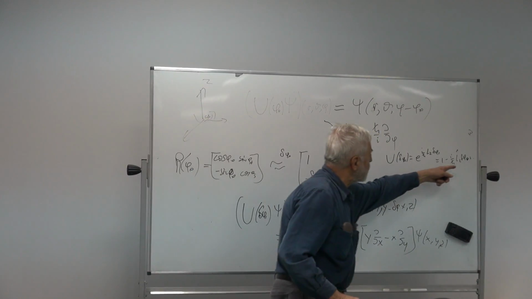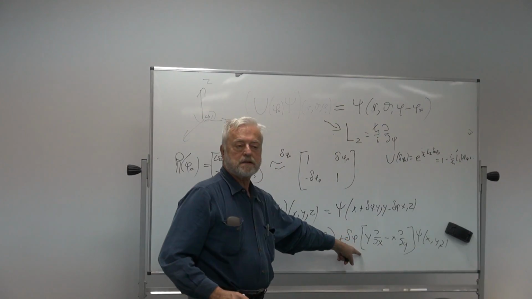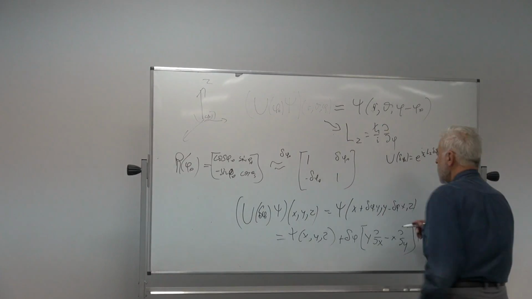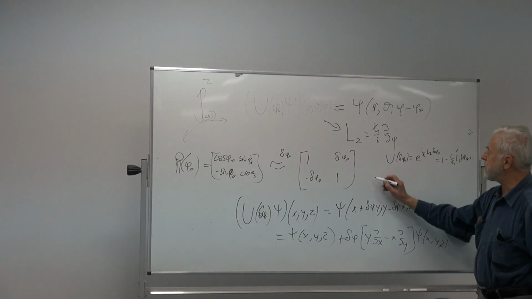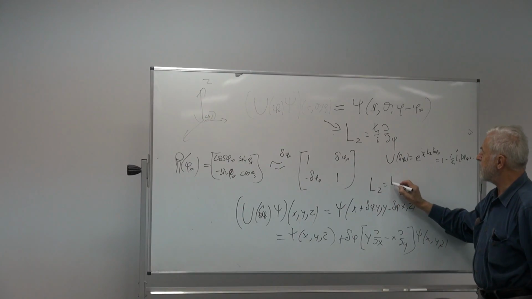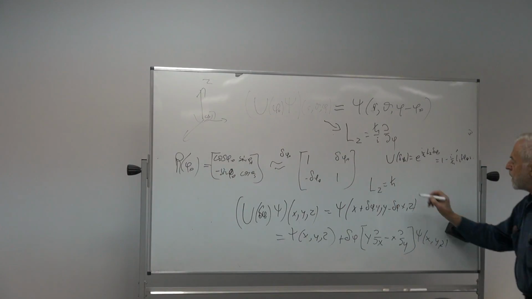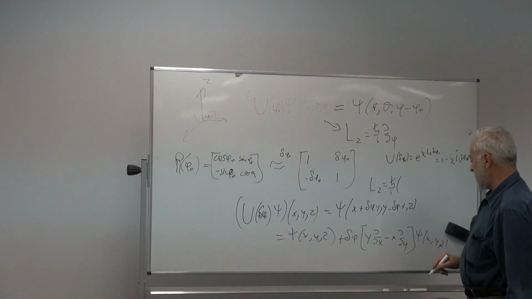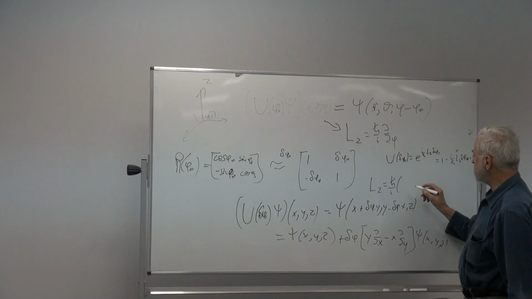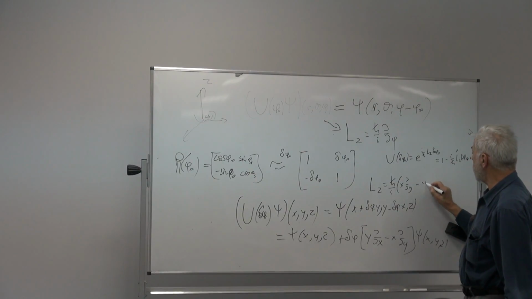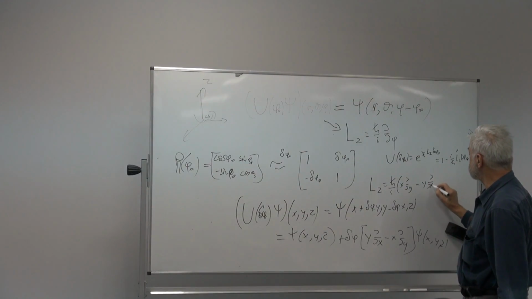Now, looking at this and looking at this, we can figure out what Lz is in the Cartesian coordinates. And of course, it's a very familiar expression. It's h bar over i times x d by dy minus y d by dx.